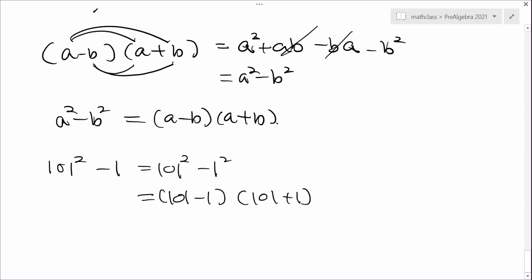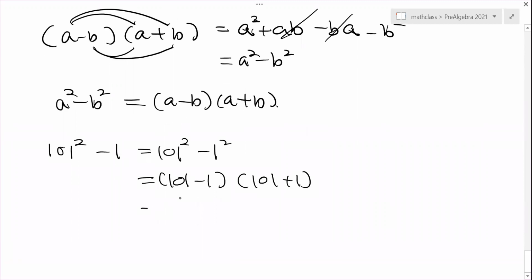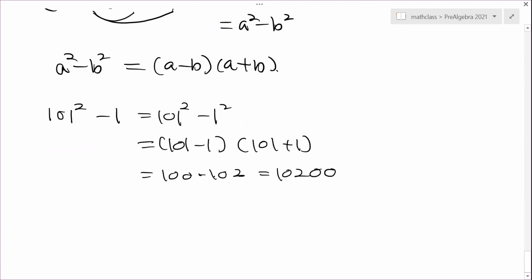It's much quicker. 101 minus 1 is 100, and 101 plus 1 is 102. So I just add the 2 zeros at the end. You see, that's computation very quick.